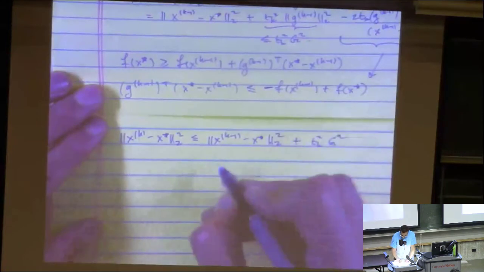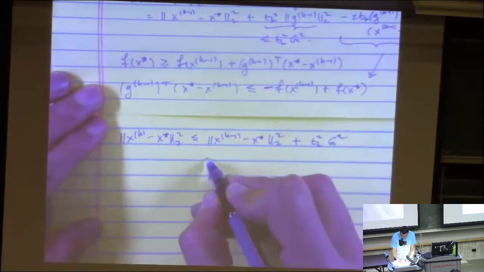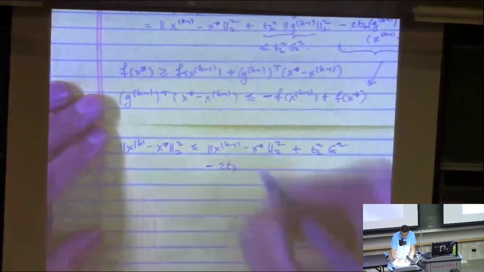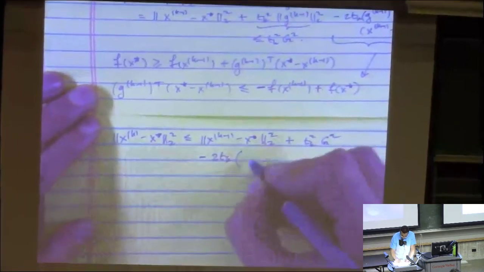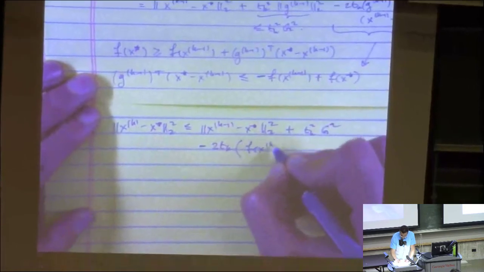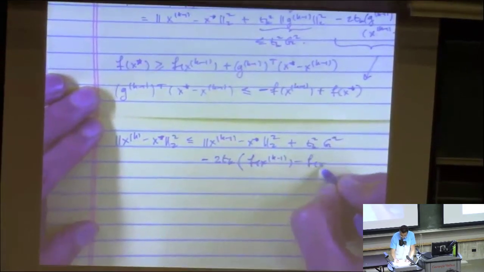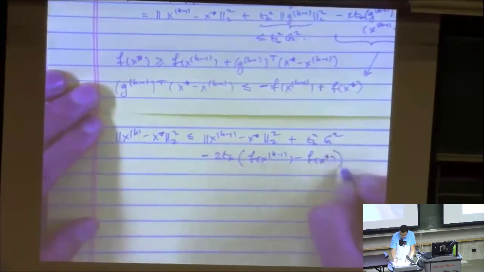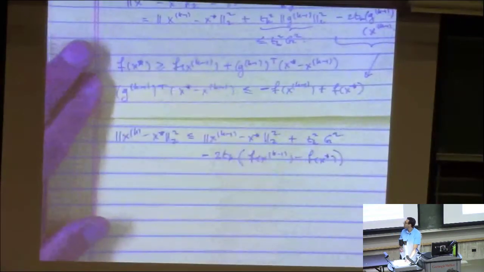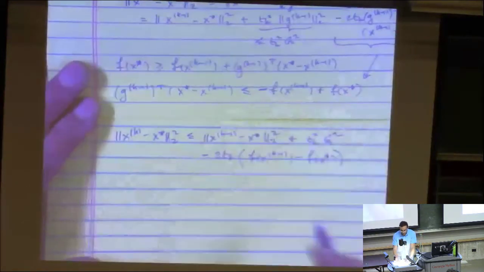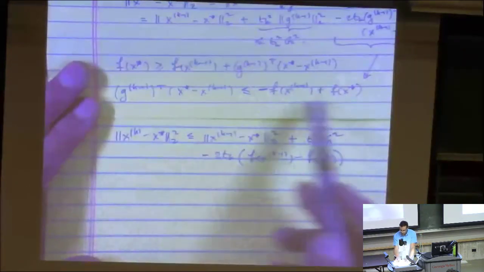And I'm going to write this as, let's say, minus 2 times tk times f of xk minus 1 minus f of x star. Okay, that's exactly what we had here. I just grouped the terms within the parentheses, and so I put the minus inside.